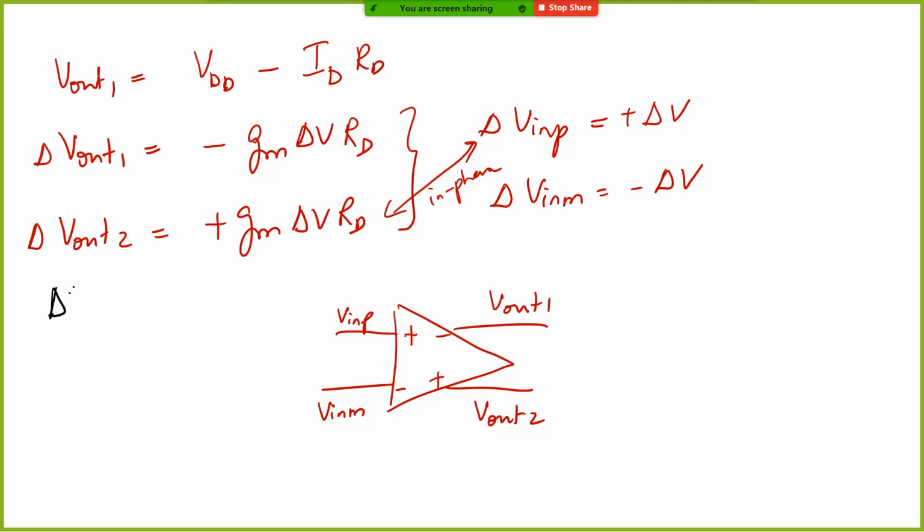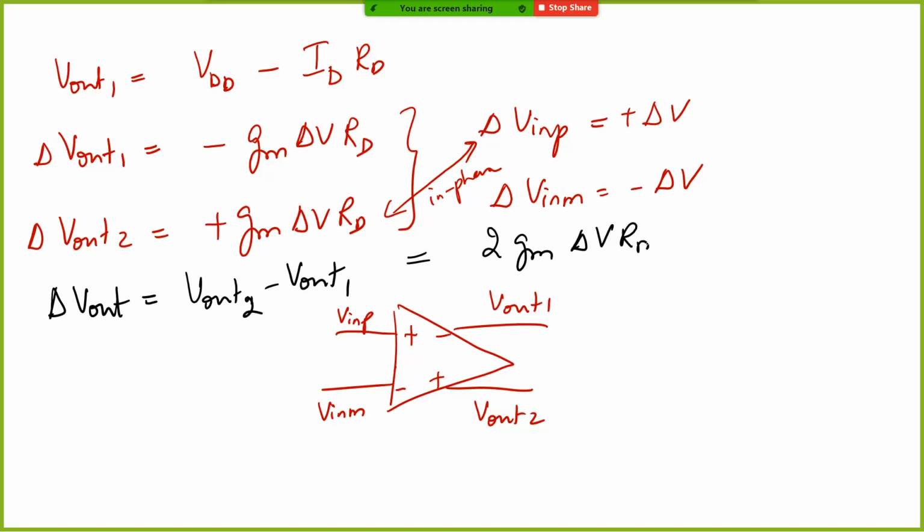Now the effective delta V out can be written as V out 2 minus V out 1, because that is plus minus this thing. You will get 2 times Gm delta V times RD. And therefore delta V out by delta V is nothing but Gm RD.